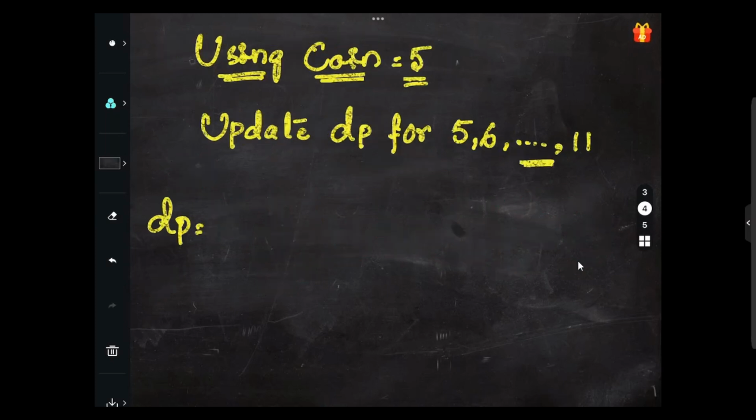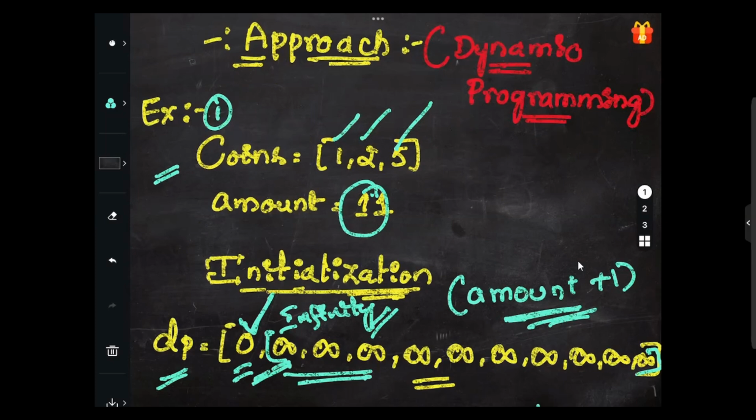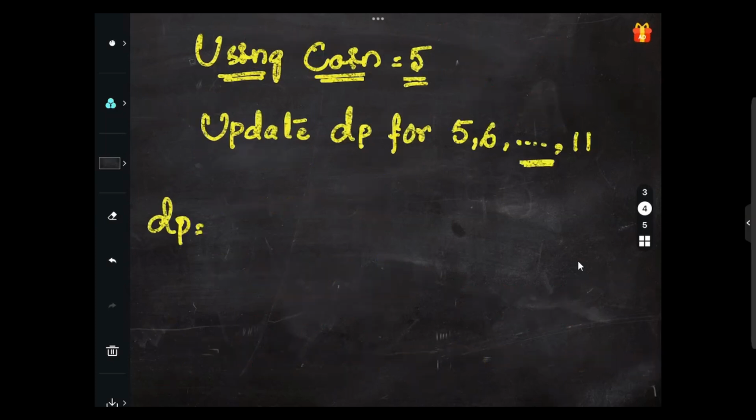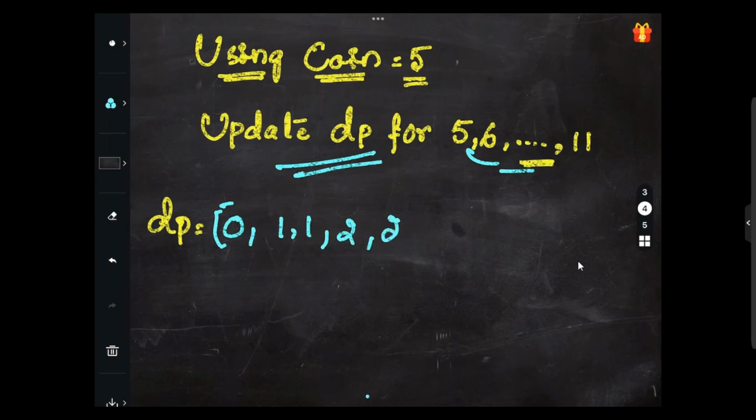Next we had one more coin here. You can clearly see this one, 5. 1 and 2 we have already considered. Let's go with 5. Let's update the dp array for 5, 6 up to 11. So here, initially it will be 0. This one will be 1, 1, 2, 2. This remains the same.